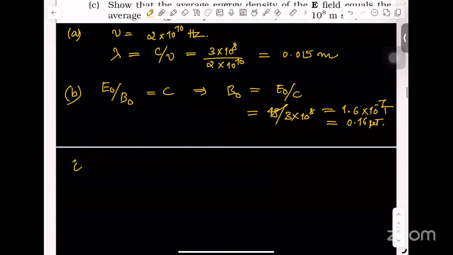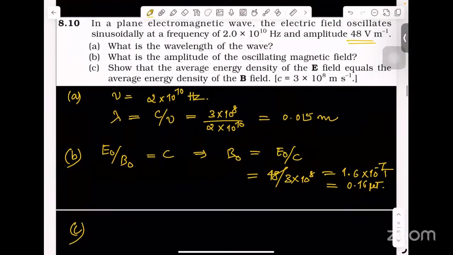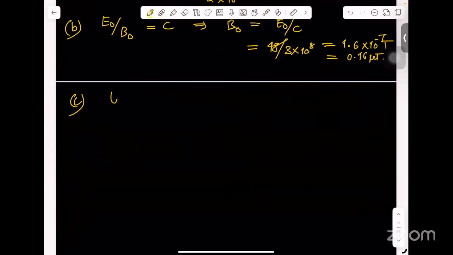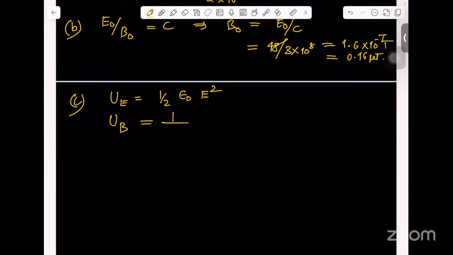Now, the third bit is show that the average energy density of the E field equals the average energy density of the B field. Okay. Now, the average energy density of the electric field is given as half epsilon naught E squared. And the energy density of the magnetic field averaged gives a half upon mu naught into B squared.